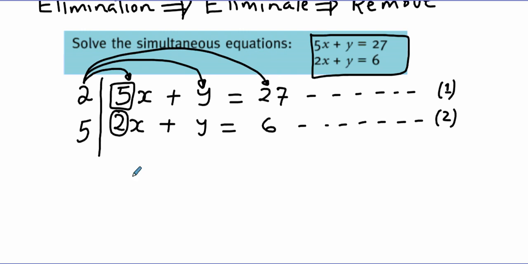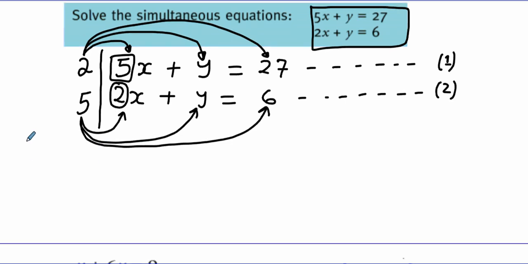So again, 5 will multiply here, and 5 will multiply over here, and this 5 will multiply over here. Can you see that? All right. Now, you can see that 2 times 5x will be 10x. 2 times y will be 2y, equals 2 times 27 will be 54.